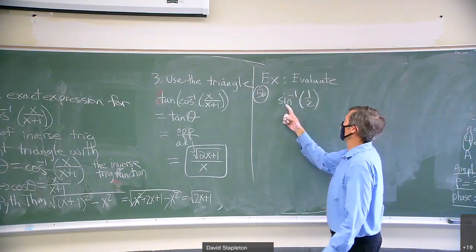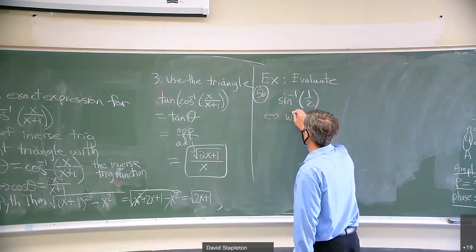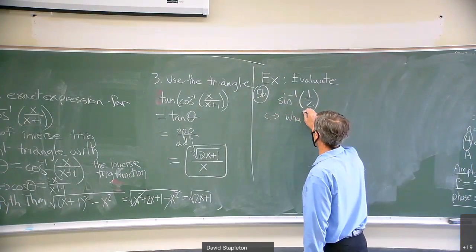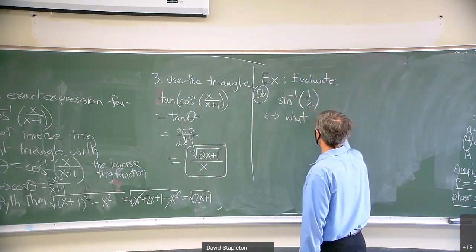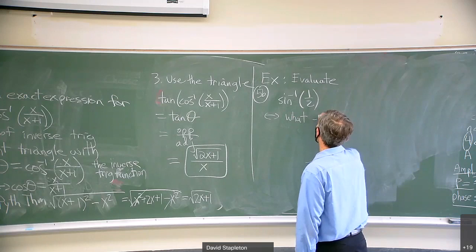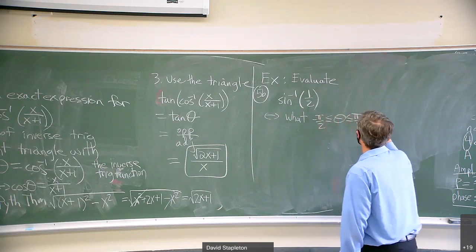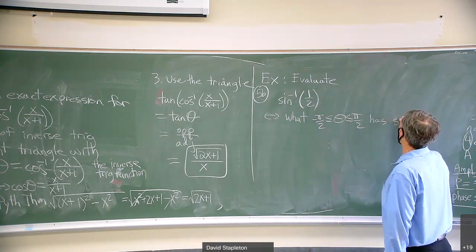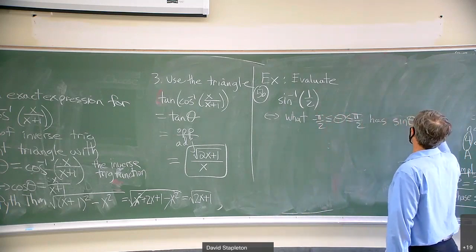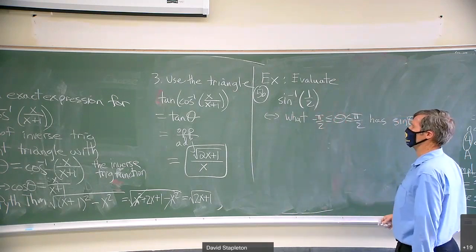When you ask what's the inverse trig function of a number, it's equivalently asking what angle within the range of that inverse trig function has that value. For inverse sine, that range is minus pi over 2 to pi over 2. What angle has this sine in this range? There's only one answer in this range.